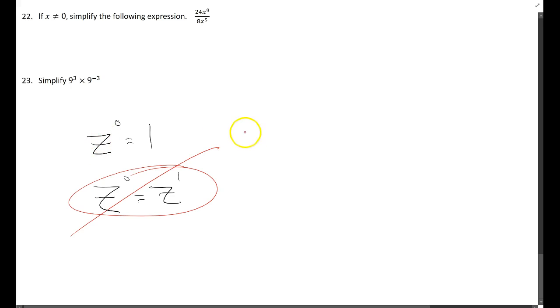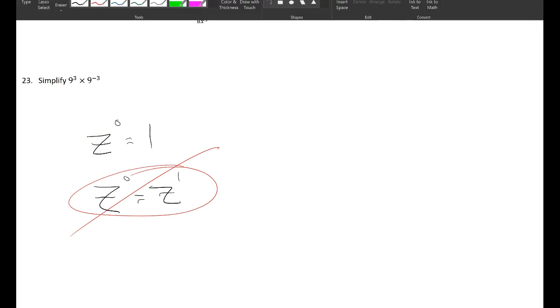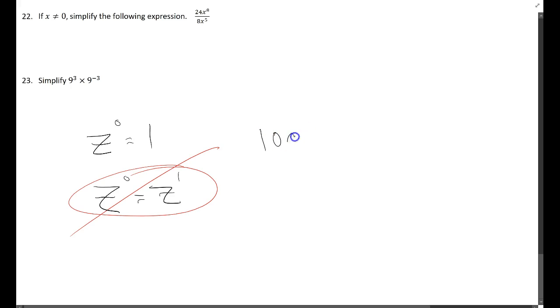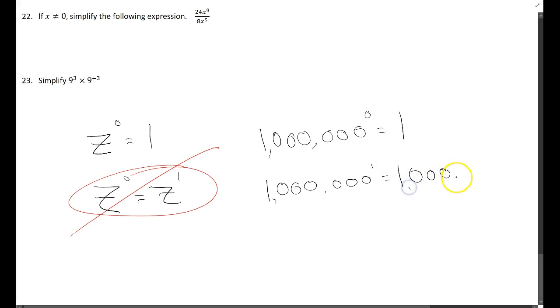Let's say Z were actually 1,000,000. A million to the 0 power is equal to 1. 1,000,000 to the first power is equal to 1,000,000. These two things are not the same.